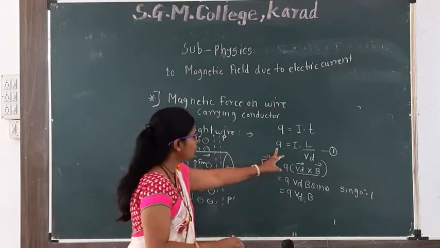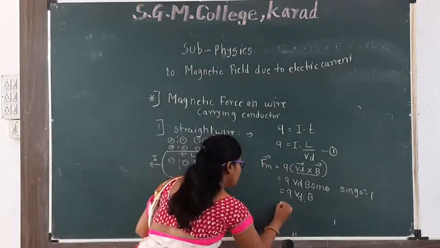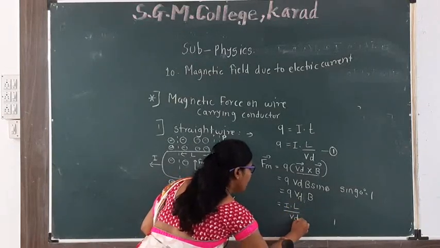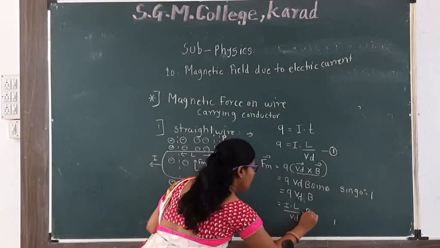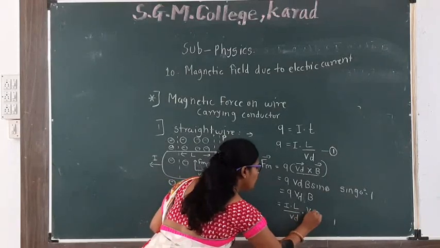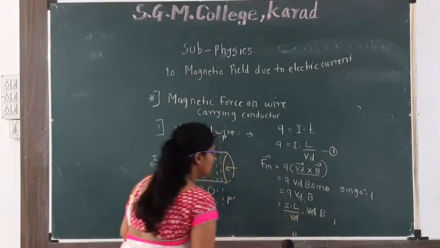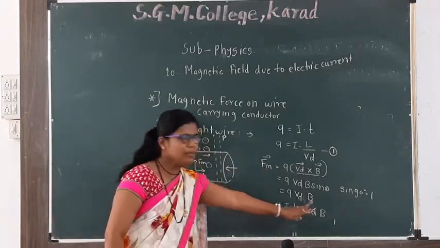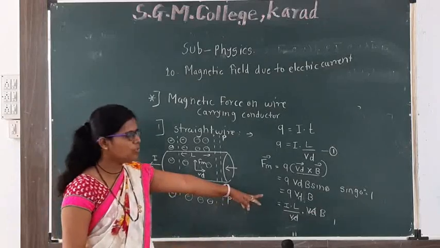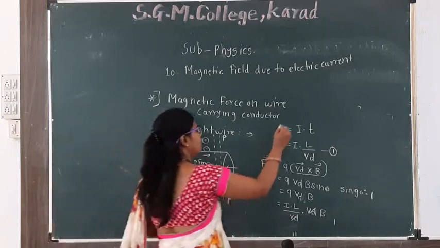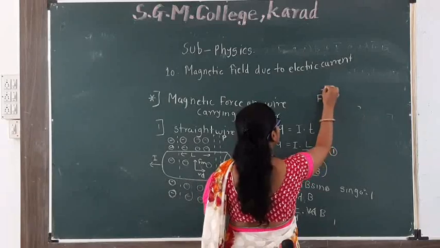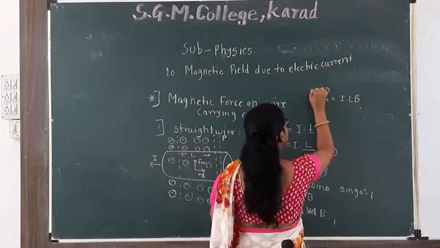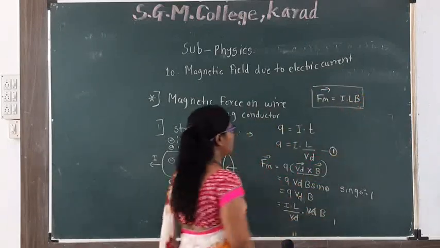Now substitute the value of Q, which is I L upon Vd, into B. Vd cancels. Then the magnetic force is equal to ILB. This magnetic force is acting on the straight wire.